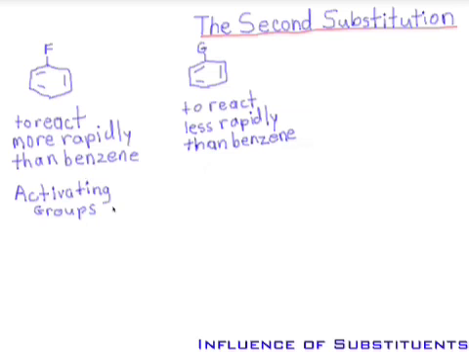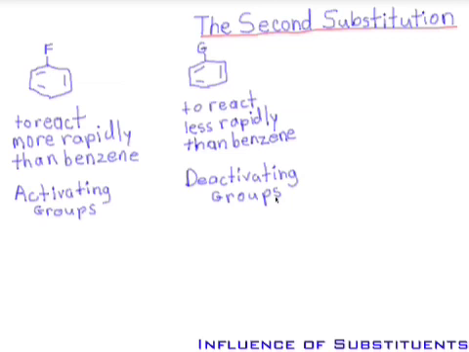And the groups that cause the aromatic ring to react less rapidly than free benzene are called deactivating groups. Now remember that these groups are activating or deactivating towards electrophilic aromatic substitution only. This will be an important consideration in a few lectures from now.